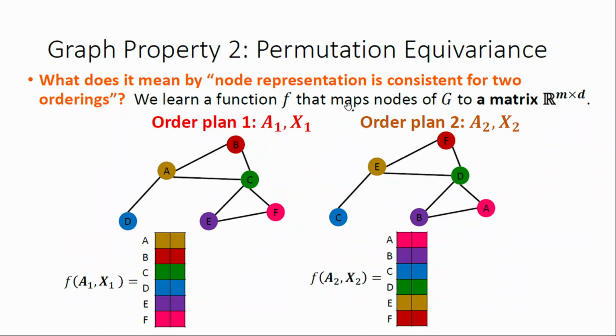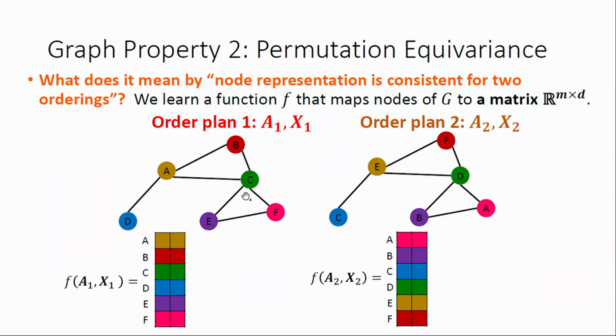So this is a multi-to-multi mapping problem. In this case, we define a property called equivariance, which basically means that the permutation you apply to your input graph will be the same permutation applied to the output of the function.